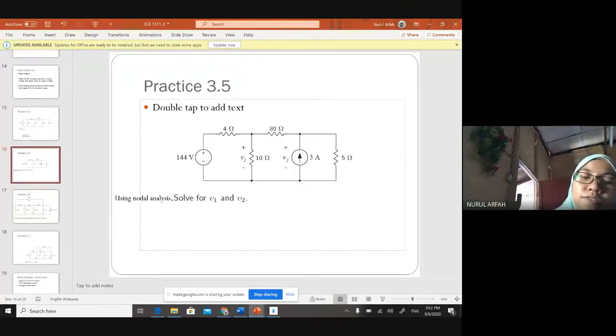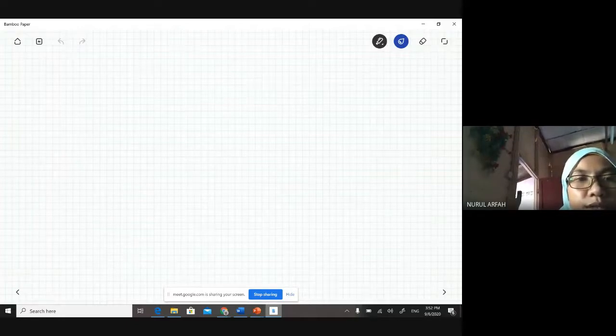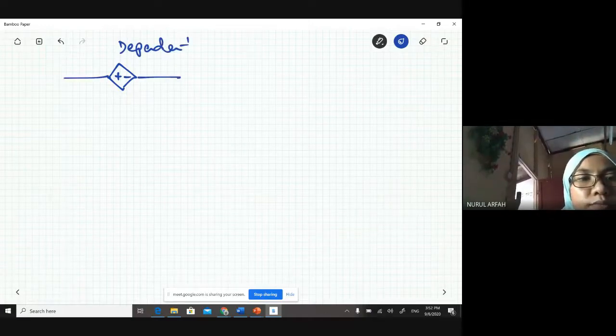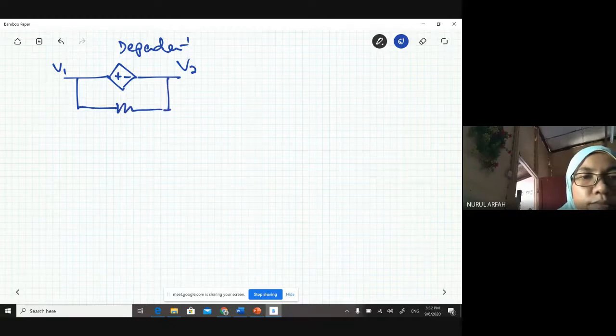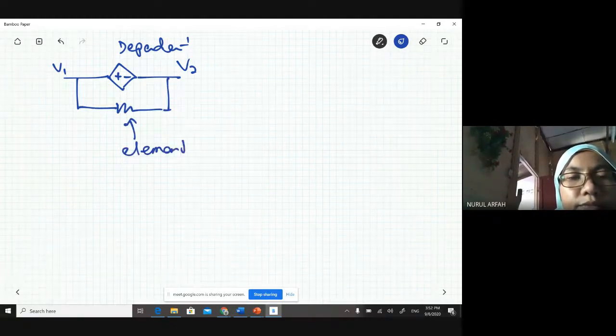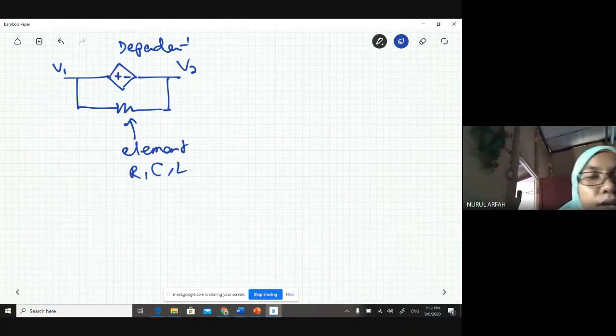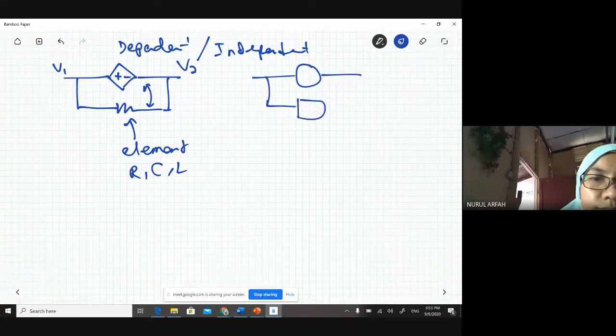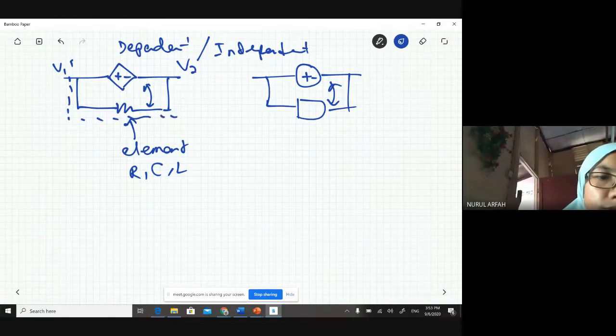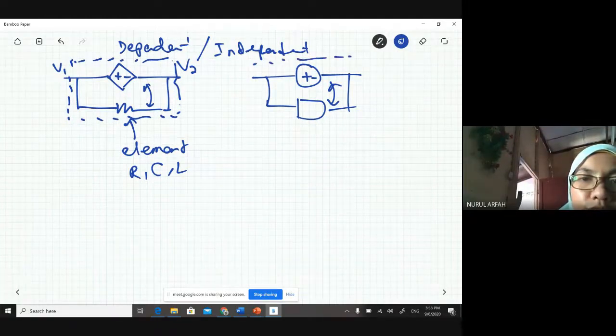Another important thing about supernode: when you have a voltage source, dependent or independent, between two unknowns, and you have an element like this, sometimes R, sometimes C, sometimes L, in parallel with this voltage source, then you need to consider both as a supernode.